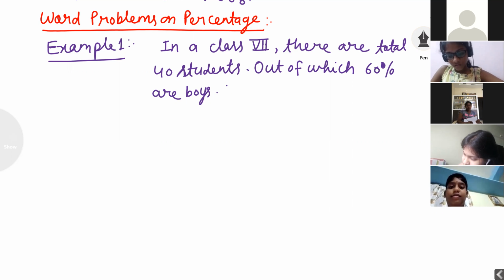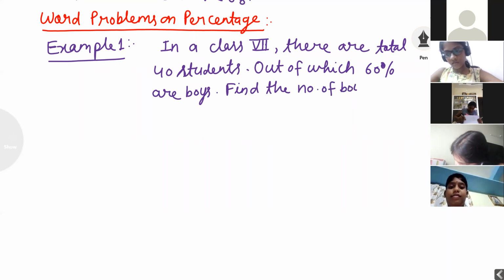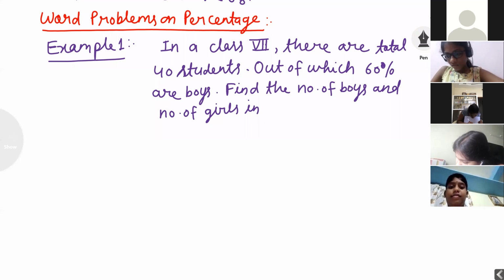Find the number of boys and number of girls in the class.